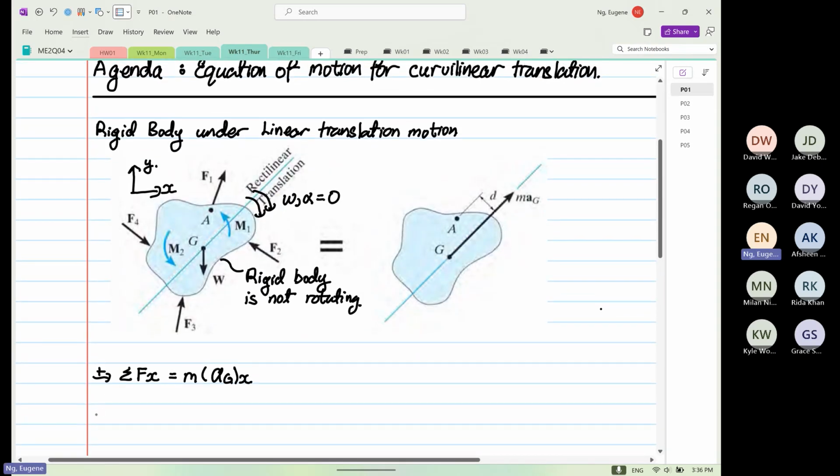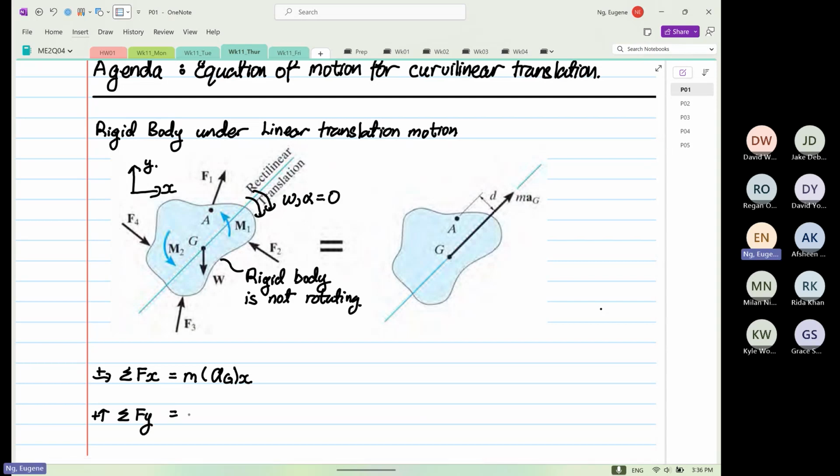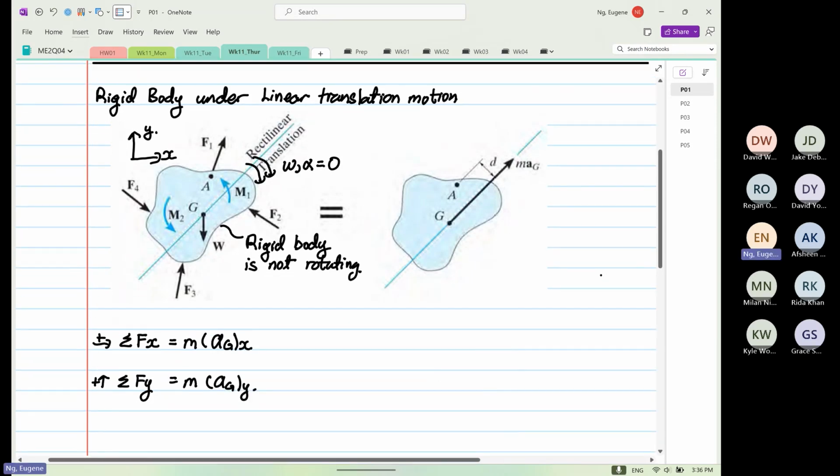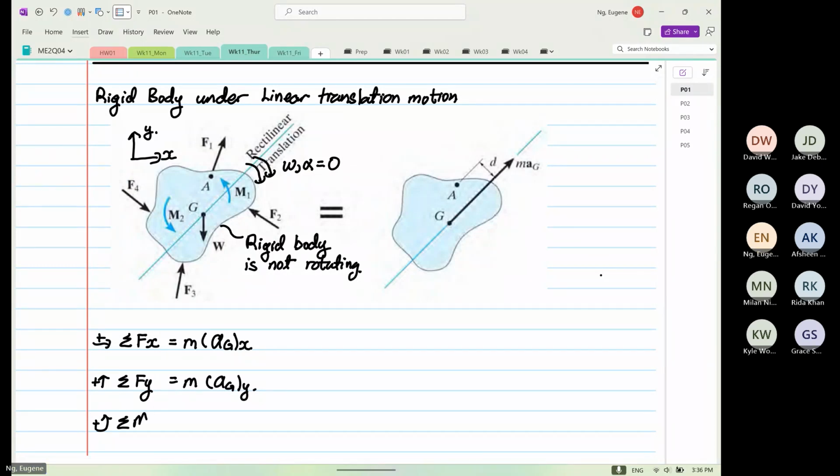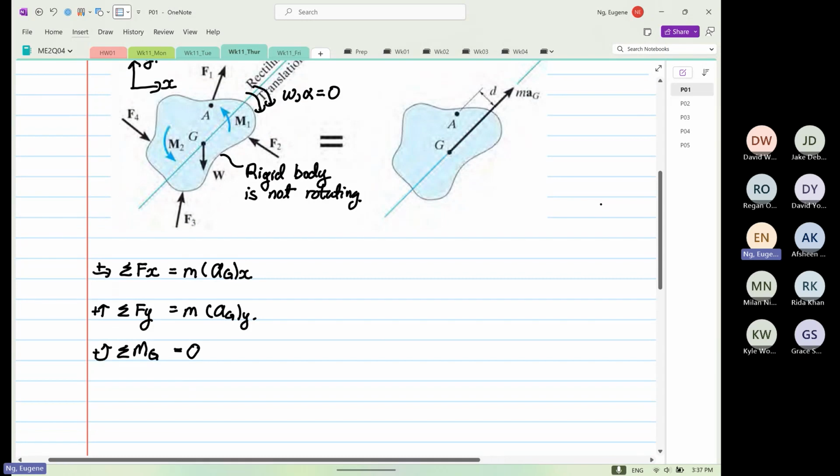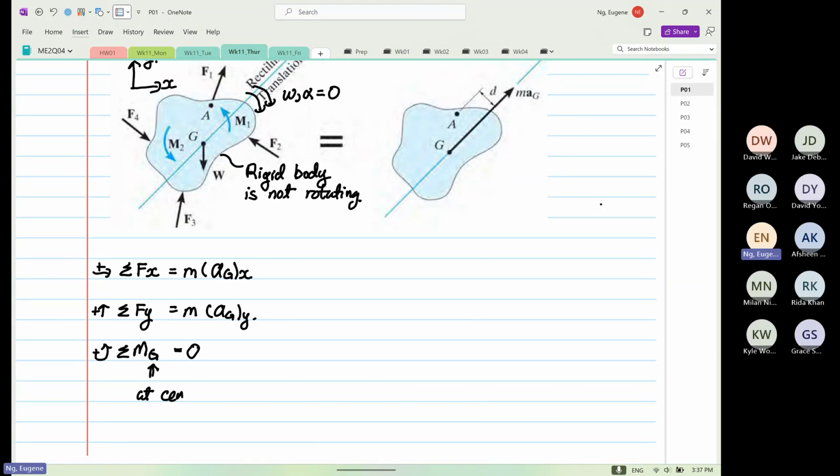And the next one we use is summation of forces in the y direction is equal to m a_G y. Then we take moment. Summation of moment at where? At the center of gravity, this is equal to 0. So over here, this is at the center of gravity, or in another word, point G.